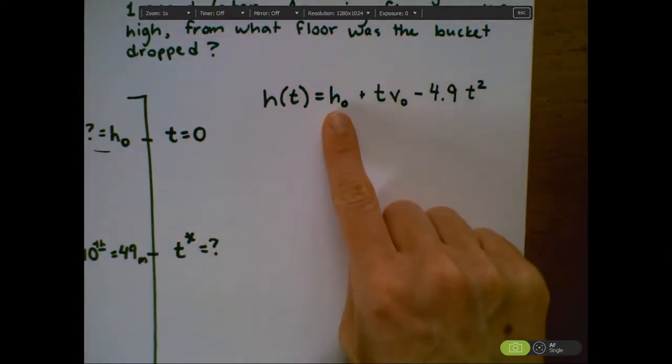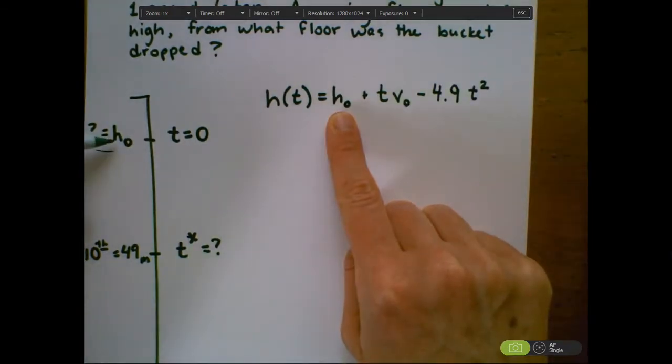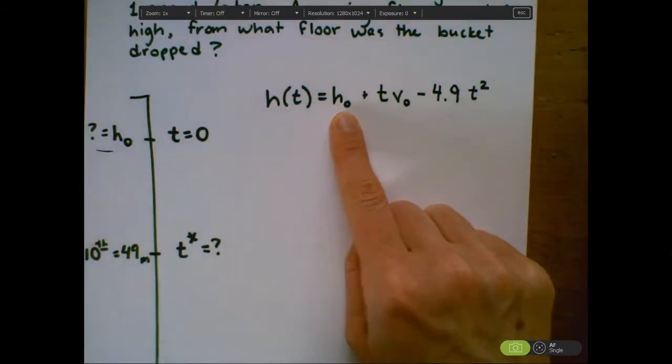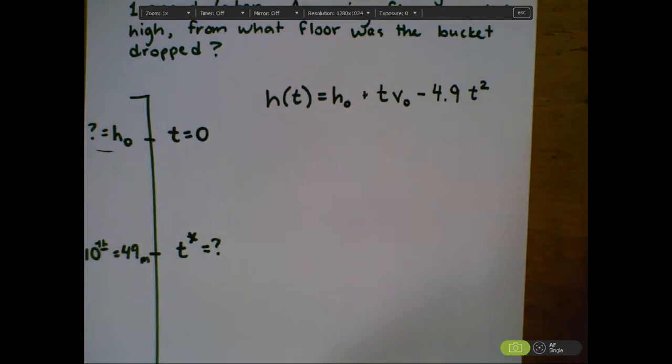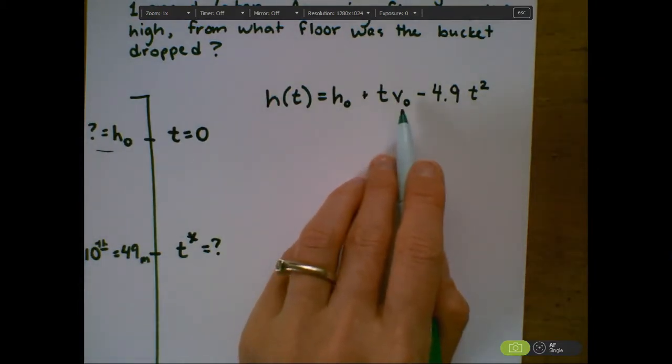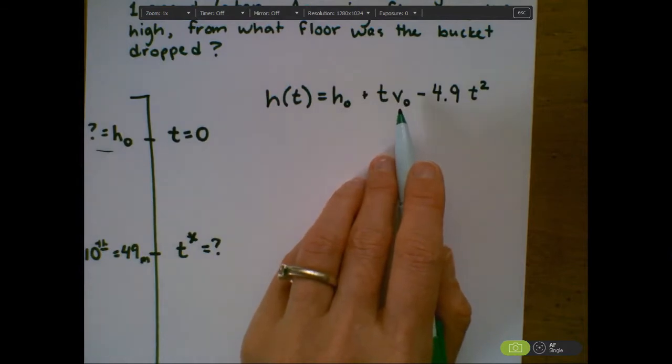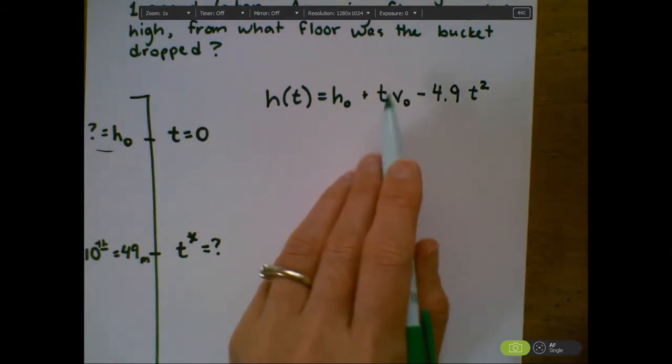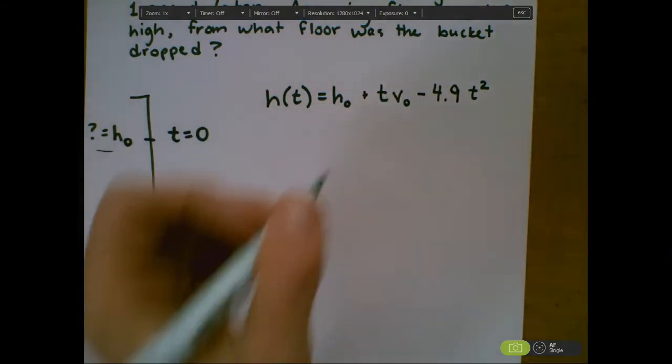And recall that h naught is our initial height, which is exactly the height that the bucket is dropped at, whereas v naught in this case is equal to 0. And it's equal to 0 because we aren't assuming that the bucket is dropped by being thrown to the ground or being tossed up into the air. It's just going to be gently released, meaning that it's starting with an initial velocity of 0.